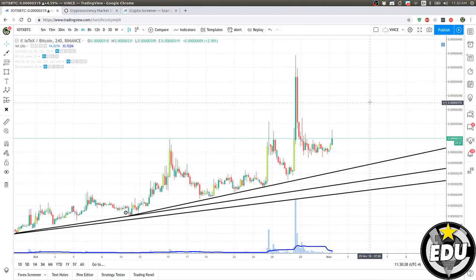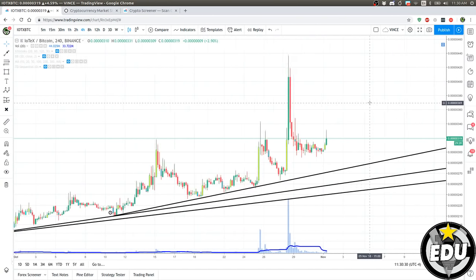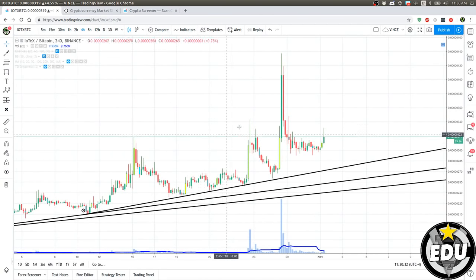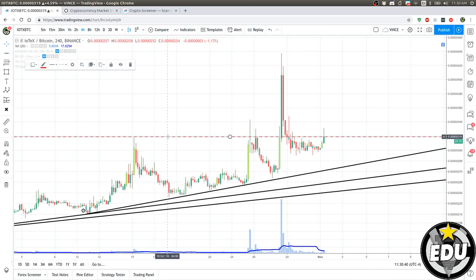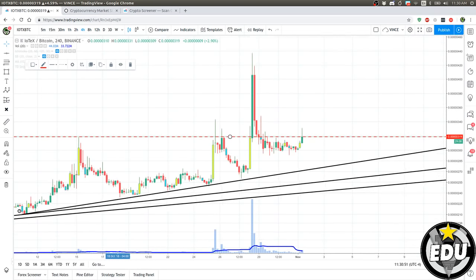What I can see from this coin is that it already broke horizontal resistance right there, and this can be a point of resistance. There is another point here, and it broke it, dropped probably 70.